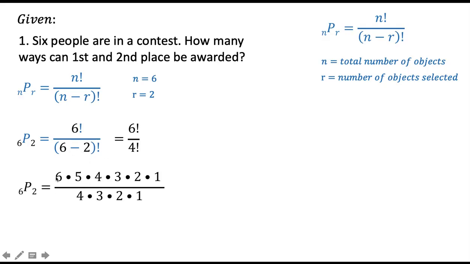So 6 factorial is 6 times 5 times 4 times 3 times 2 times 1. 4 factorial is 4 times 3 times 2 times 1. Then multiply them, or to save time, we can cancel this and multiply the remaining consecutive numbers, 5 times 6 is 30. Therefore, there are 30 ways that 6 people in a contest can be awarded first place and second place.